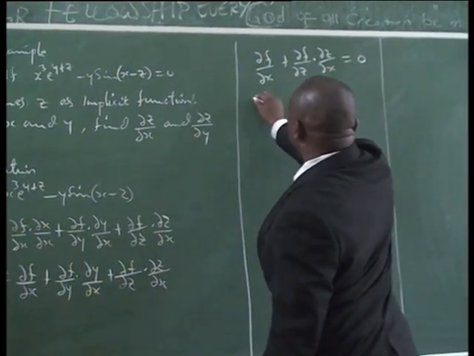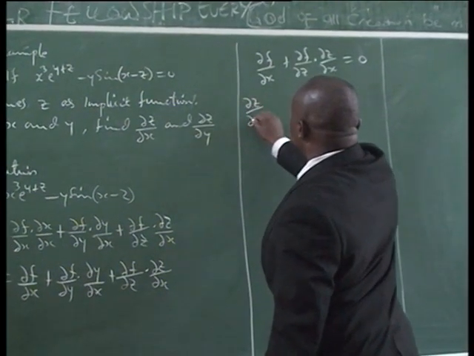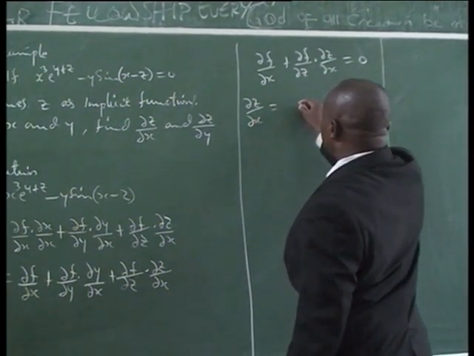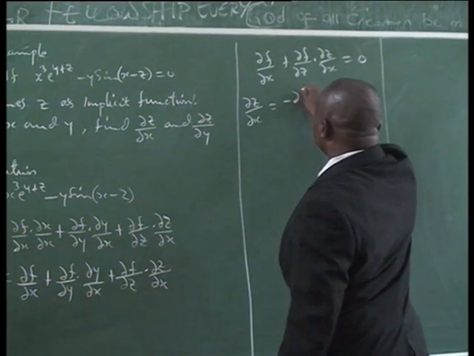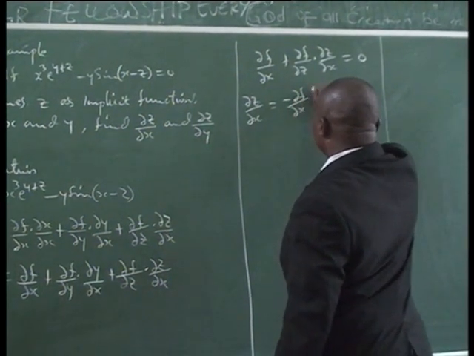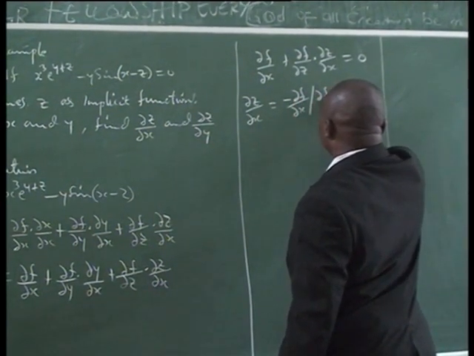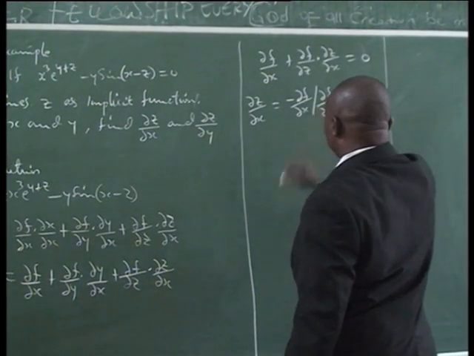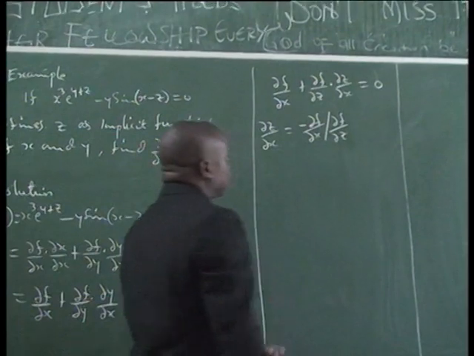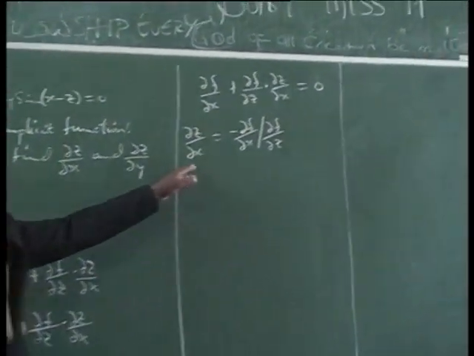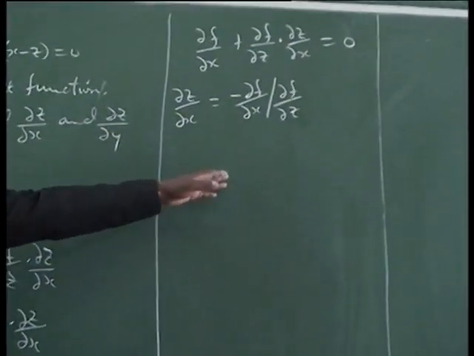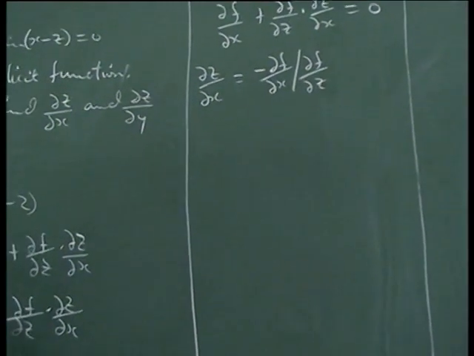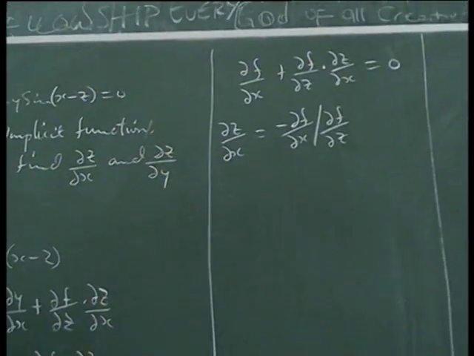So the partial z/partial x that we need will become minus partial f/partial x divided by partial f/partial z. Okay, so this is the partial z/partial x that we need. So that is an elimination there.